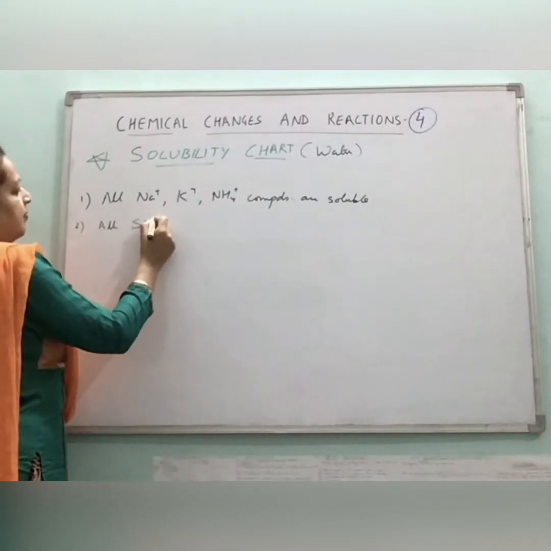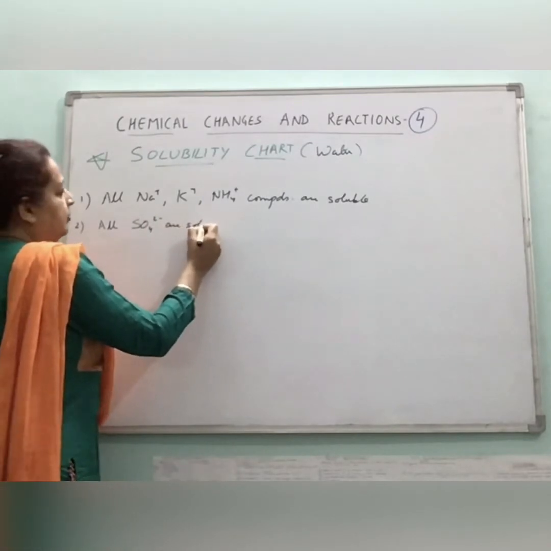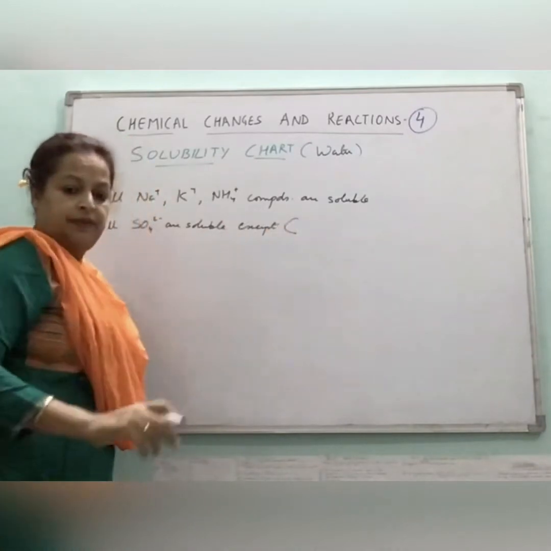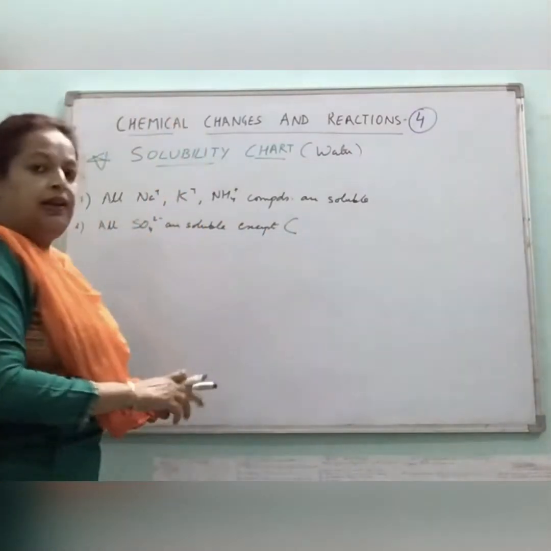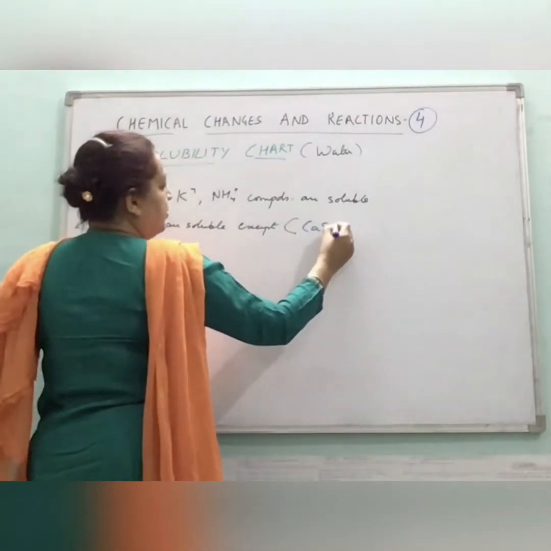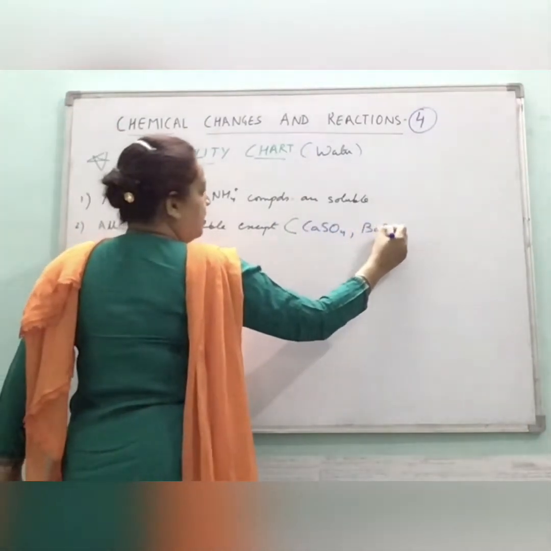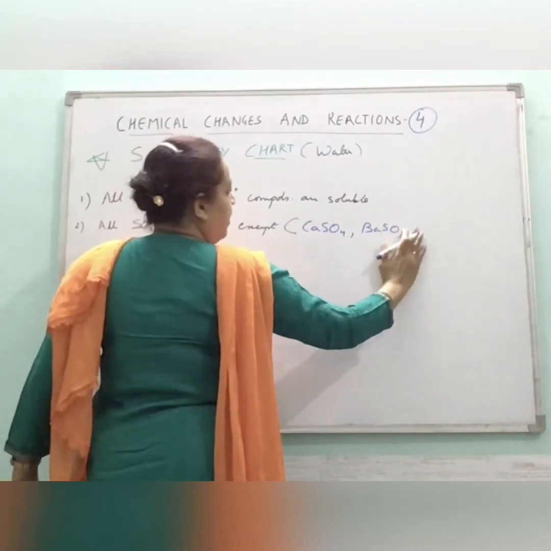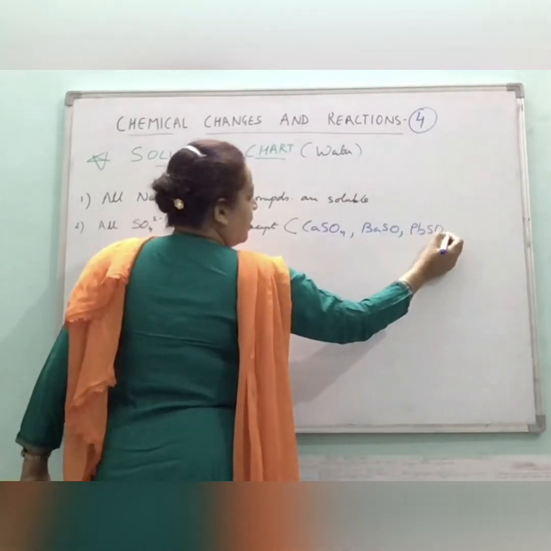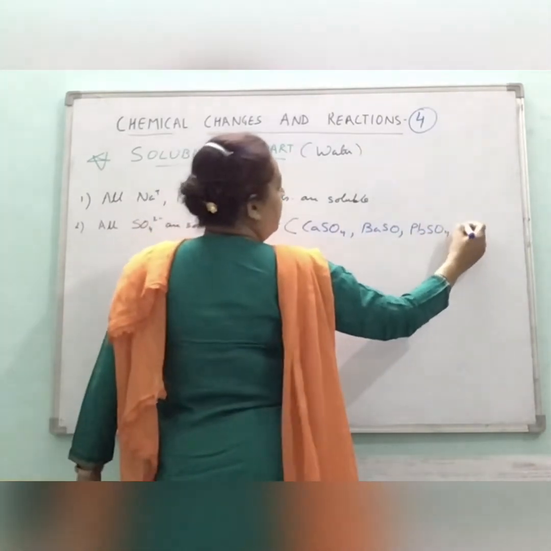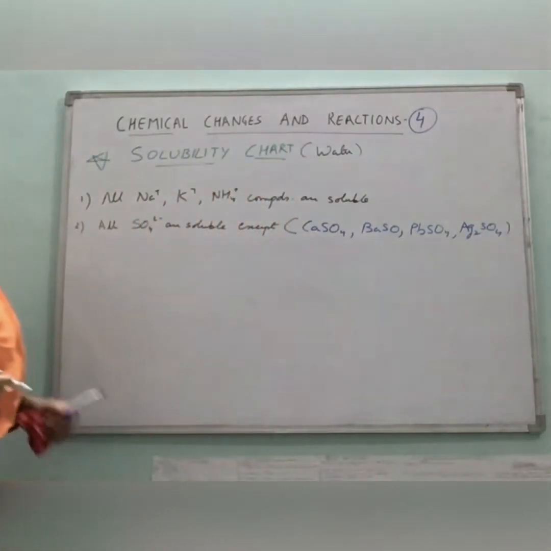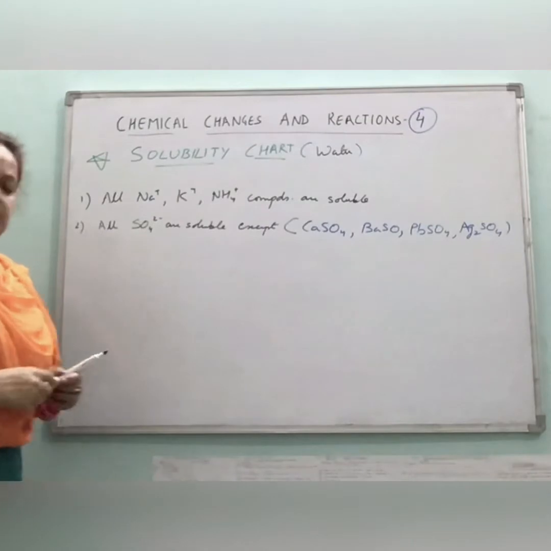All sulfates are soluble. Now these are the exceptions you have to learn, because the remaining are all soluble. Except calcium sulfate, barium sulfate, lead sulfate, and you can also say silver sulfate. All sulfates are soluble except these 4 sulfates.